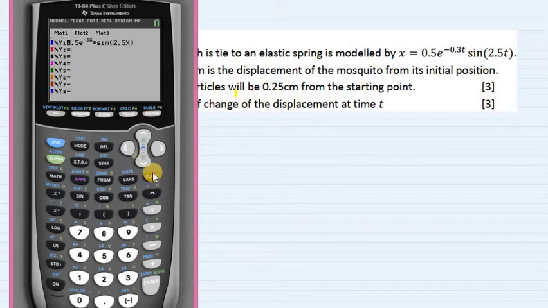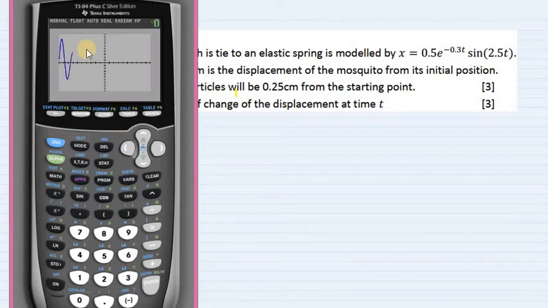And then the particle will be 0.25 from the starting point, so it means y2 is positive 0.25, it can be positive 0.25, it can be negative 0.25. Okay, enter, and then let's graph this.